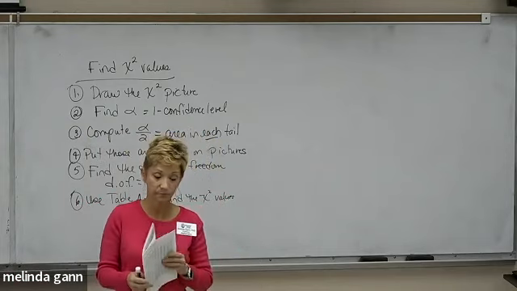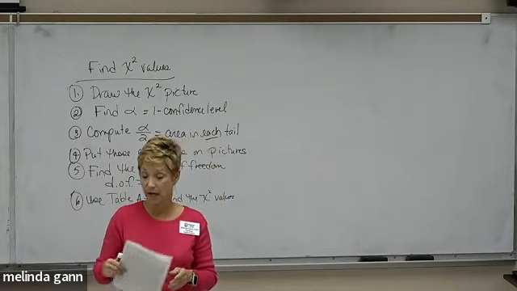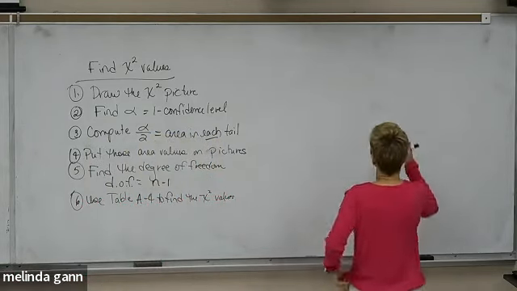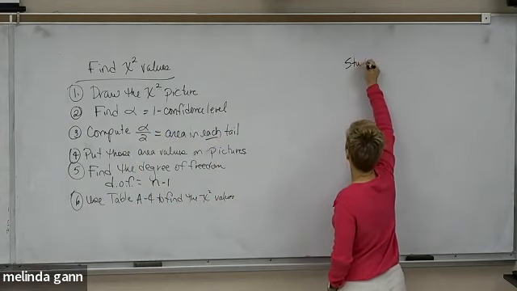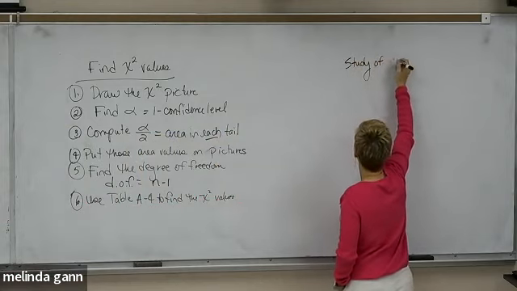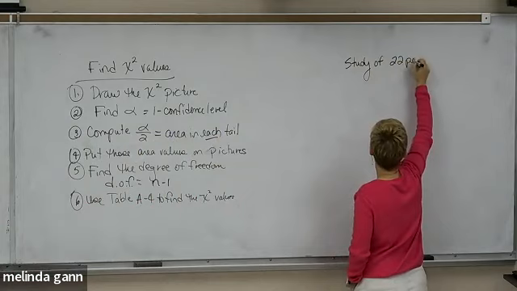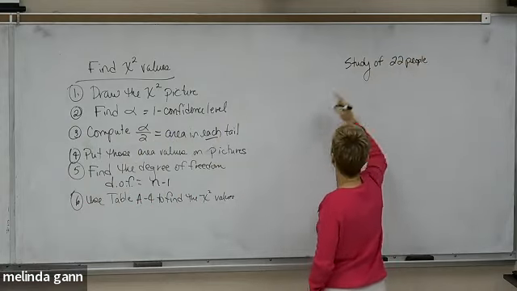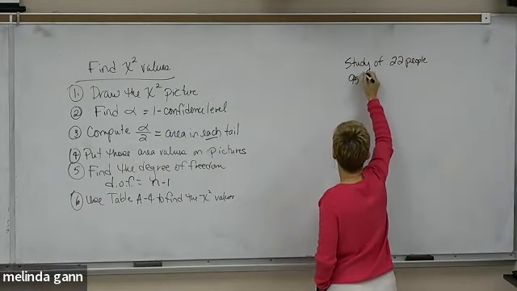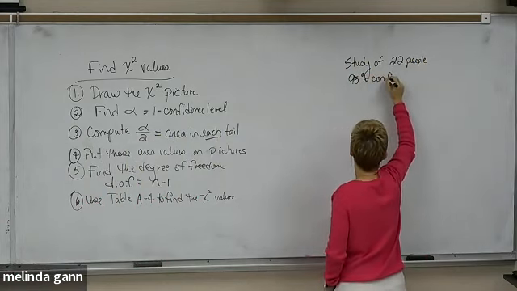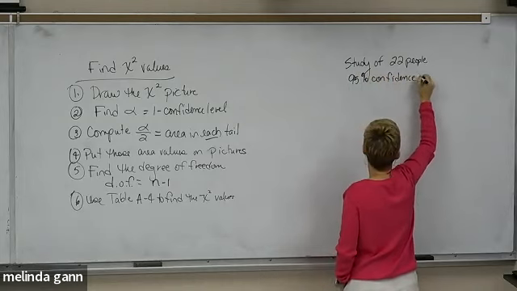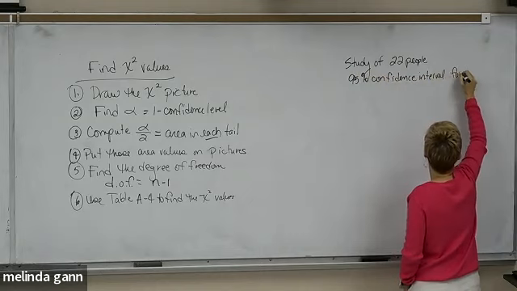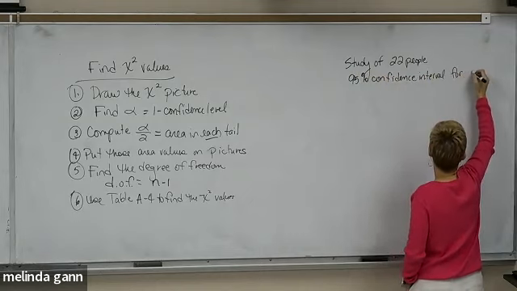All right. Everybody okay? Now let's go do one. What if I told you that you had a study of 22 people, and you want to do a 95% confidence interval for standard deviation?